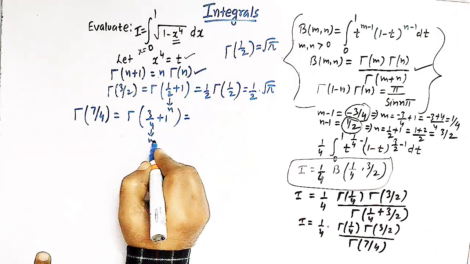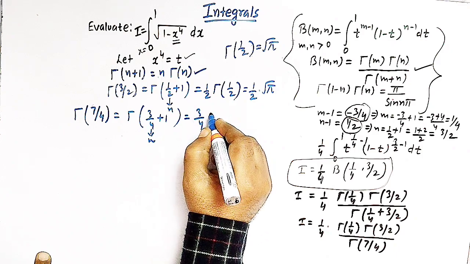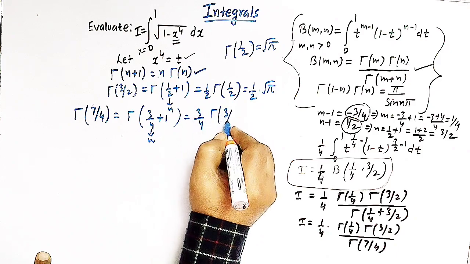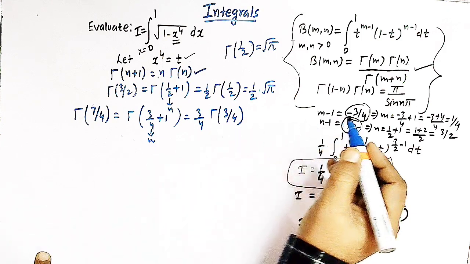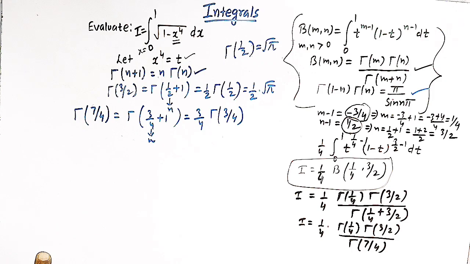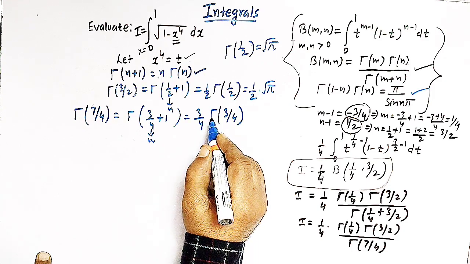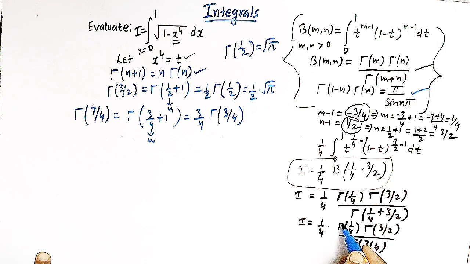So our n is 3 by 4. So here we have 3 by 4 times gamma 3 by 4, right? Okay, now let us make use of Euler's reflection formula, right? Because we have to express gamma 3 by 4 in terms of gamma 1 over 4, right?